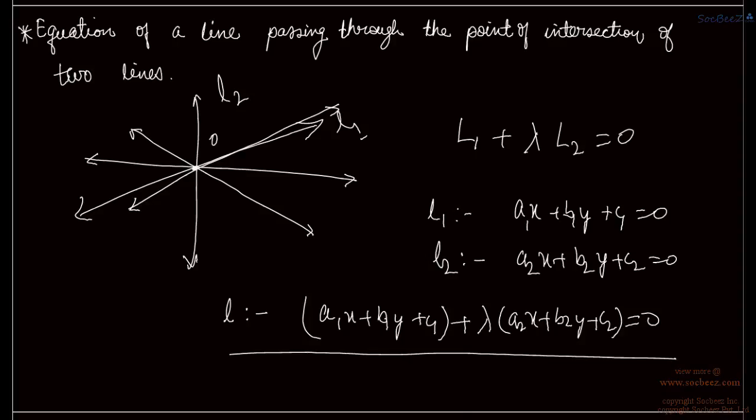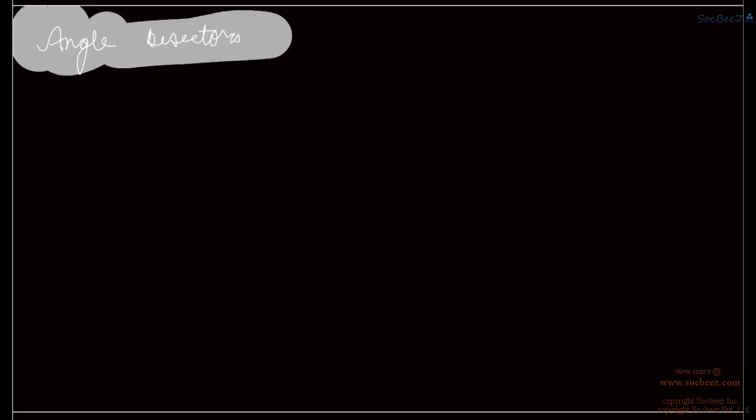Now we will be moving forward and looking at angle bisectors, the equation of angle bisector. Before that, let us also look at the formula for the angle between two lines.